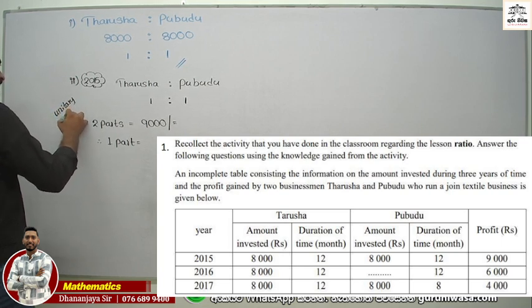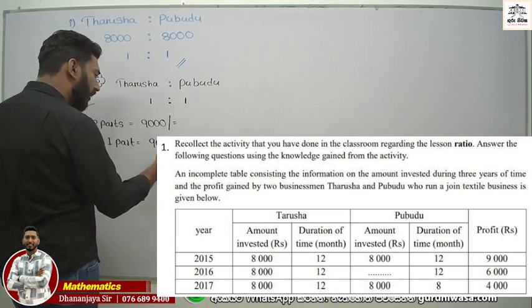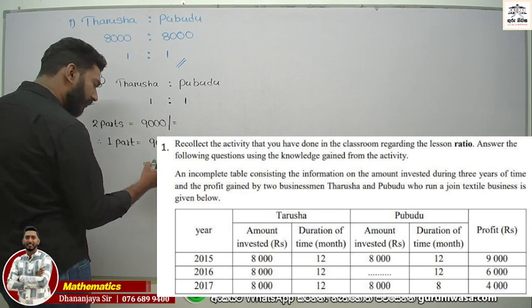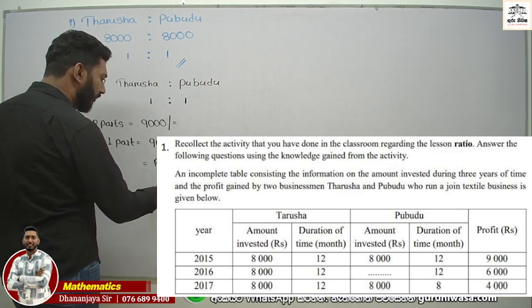Unitary method. Therefore, for one part you need to divide by 2. 9,000 divided by 2. Now, one part is 4,500 rupees.